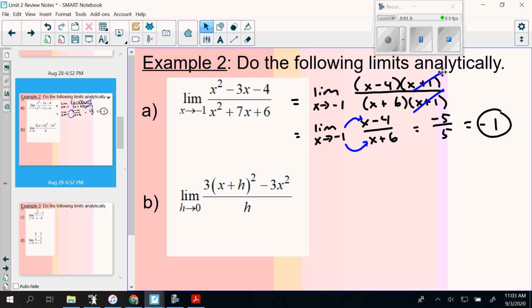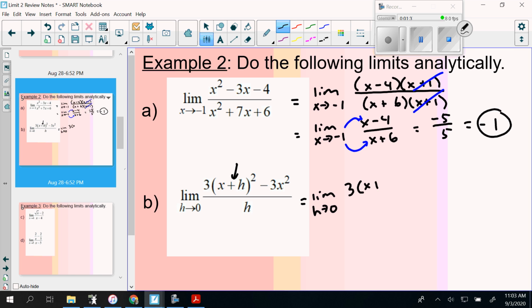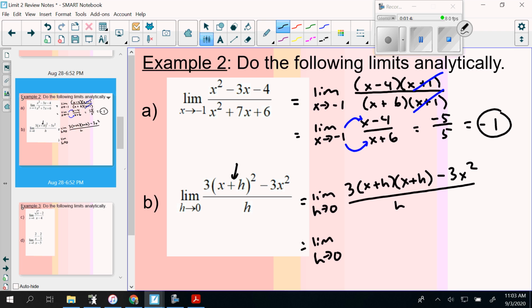And in this case, I think if we simplify out what we got being squared here, we should be able to solve this one. So what we're going to do first is FOIL out that. Remember, if something is squared, that means we got x plus h times another x plus h. Continuing on that, let's multiply that out.